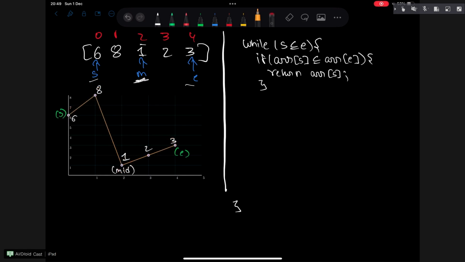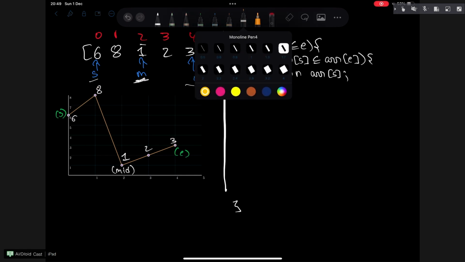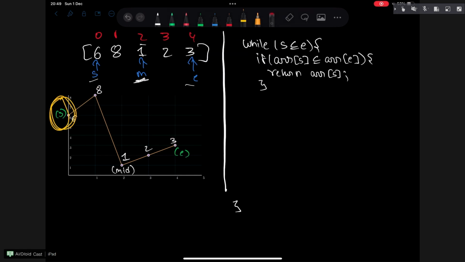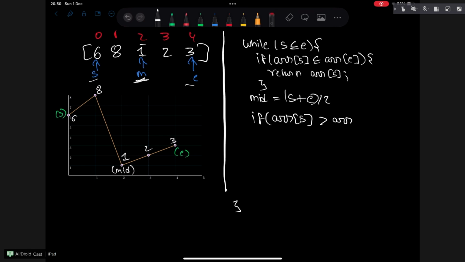In that case, we can look at the relation between s and mid. Let's calculate mid, s plus e by 2, and we can ask a simple question: is array of s greater than array of mid?